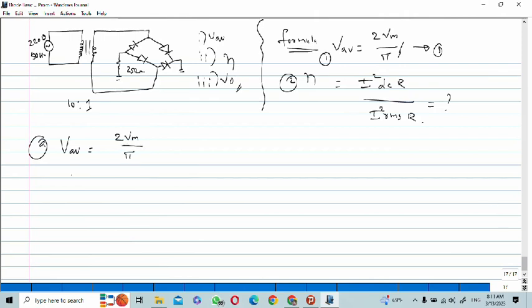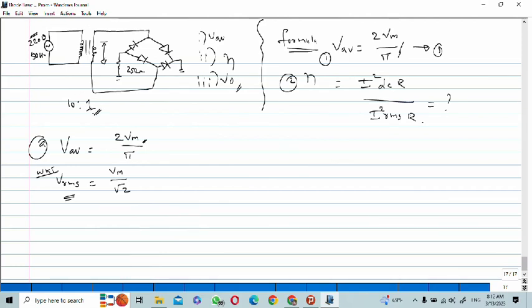But we don't know Vm either, so we use another formula: Vrms equal to Vm by root 2. The Vrms is the input voltage to the rectifier, which is not the given 220 volt.